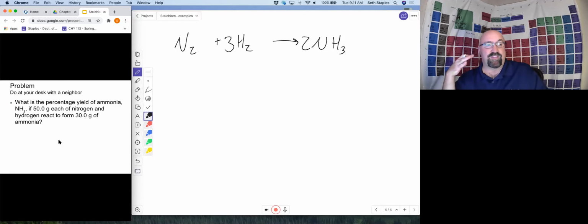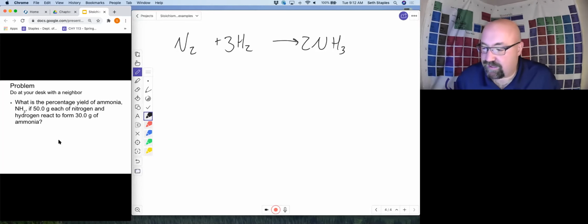So ultimately, again, let's think about what we're looking for. For our final answer here, we want the percent yield of ammonia. We're given the starting amounts of both of our reactants. We're told how much ammonia actually forms. There's our actual. So what we need to calculate is our theoretical yield. In order to do that, we need to first figure out our limiting reactant and base our answer off that.